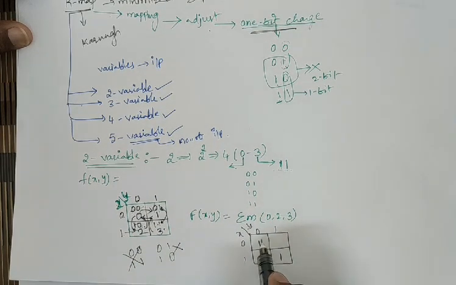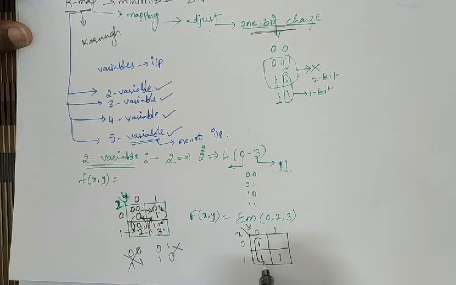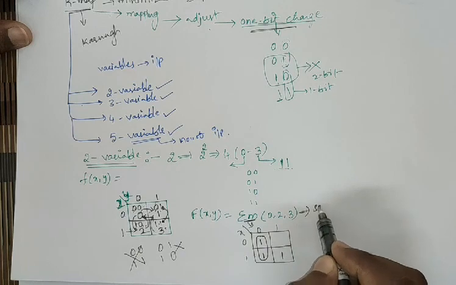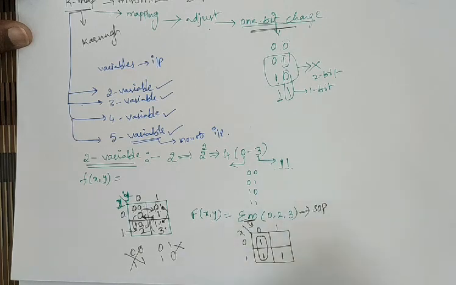Now according to that, these two are adjacent to each other, and these two are adjacent to each other. The given function is in min terms, and min terms means an SOP function, sum of products. What are the specifications of sum of products?